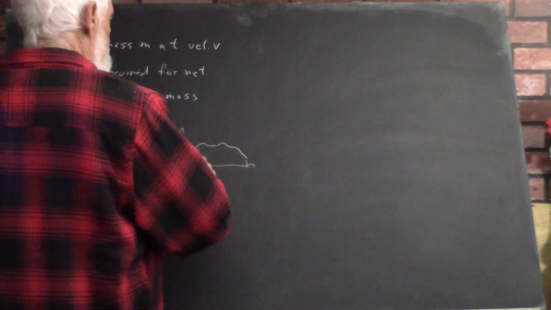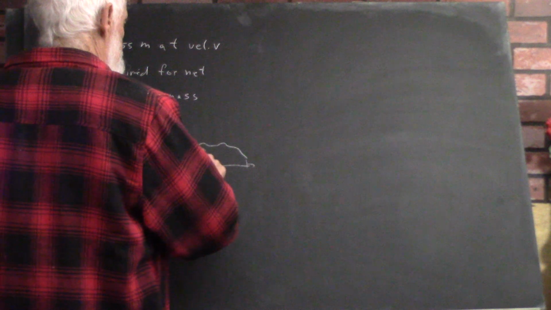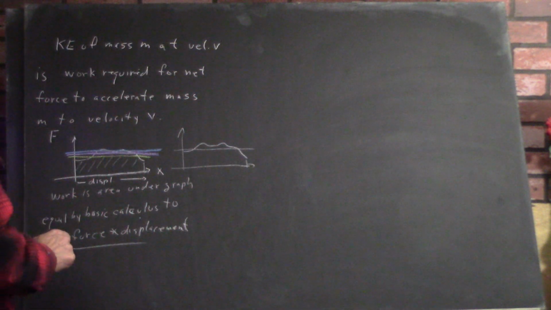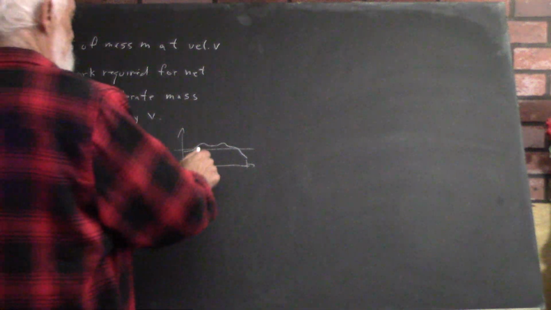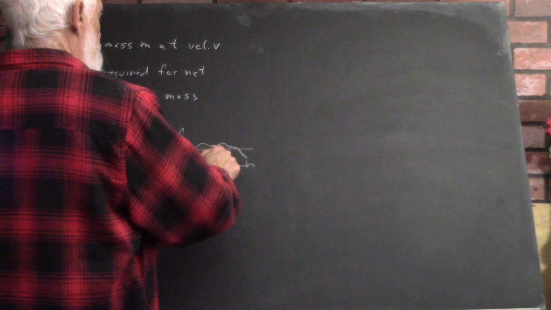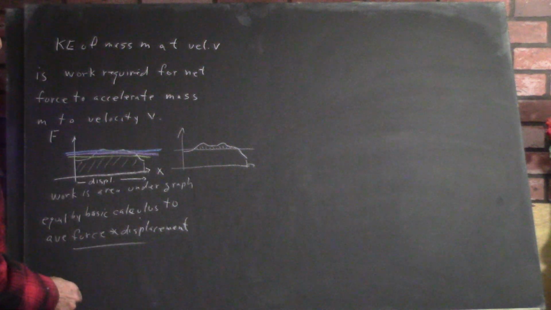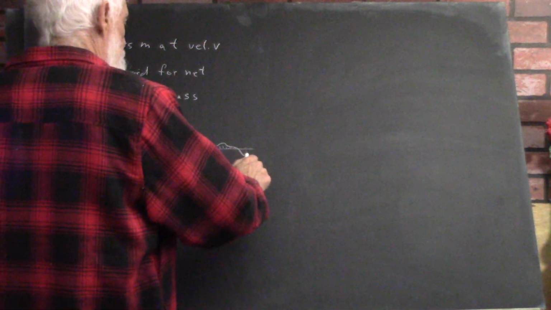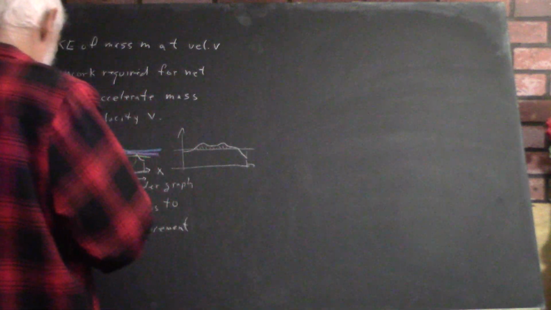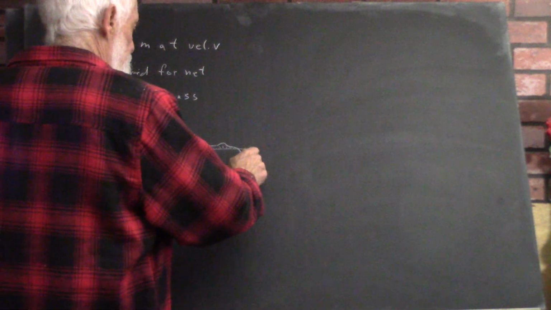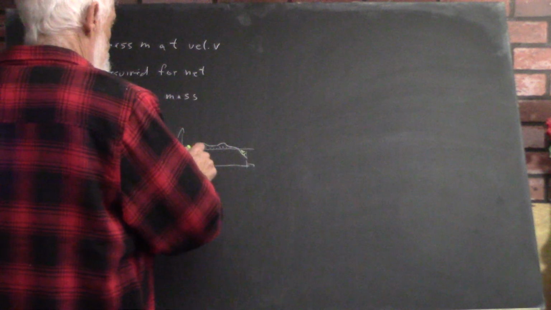Over the displacement, the average force should be the one, let's see how I did here, that if you look at the area above the line for the average force and the area below the line, let me just use green to shade that.